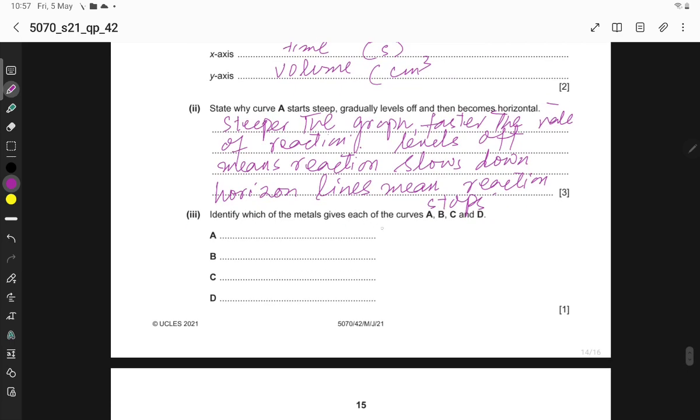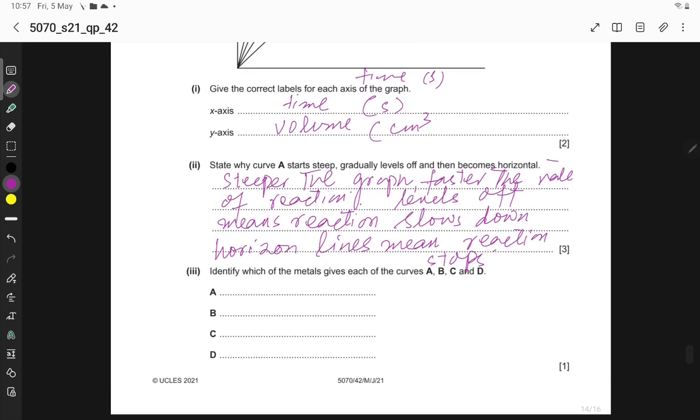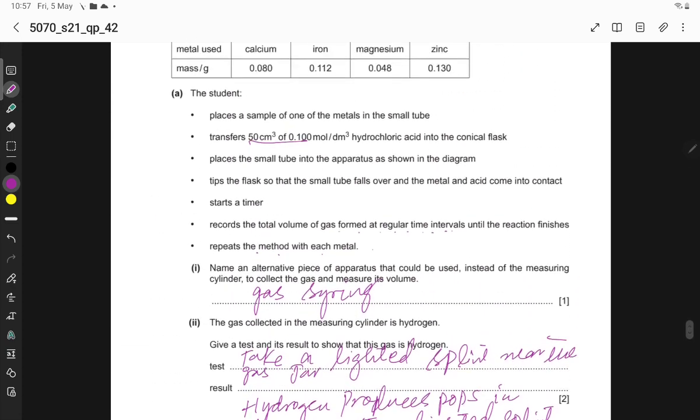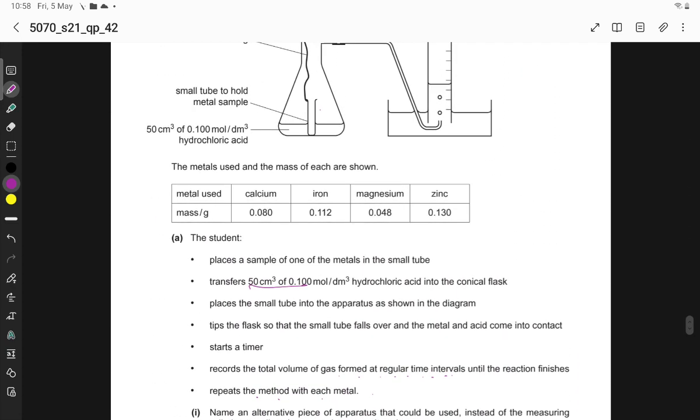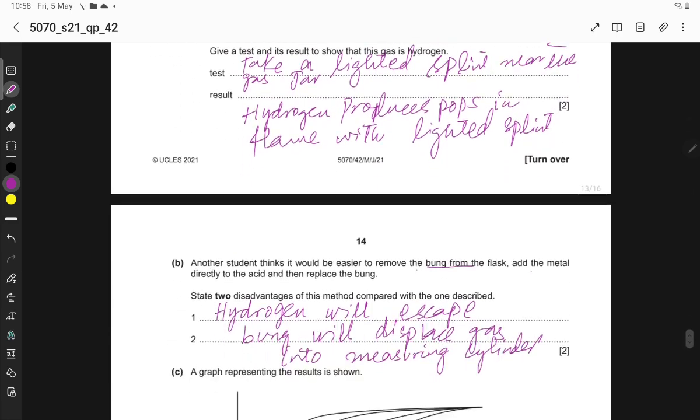Identify which of the metals gives each of the curves A, B, C, D. The masses are 0.080, 0.100, 0.048 and 0.130.